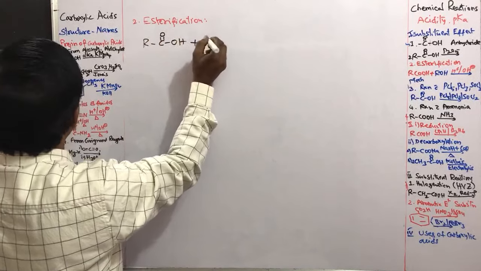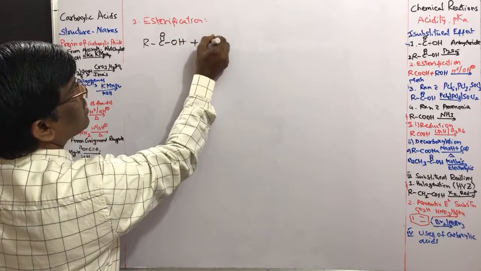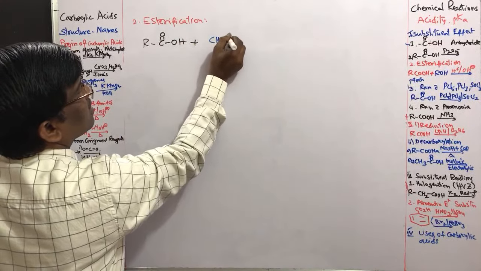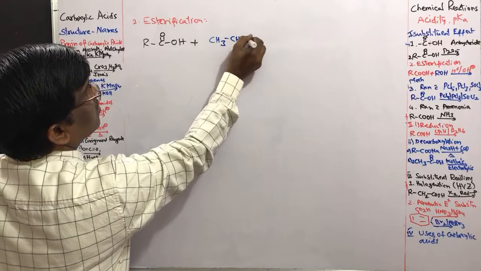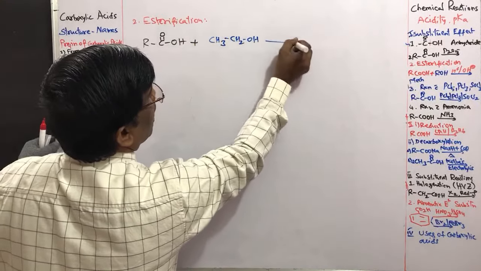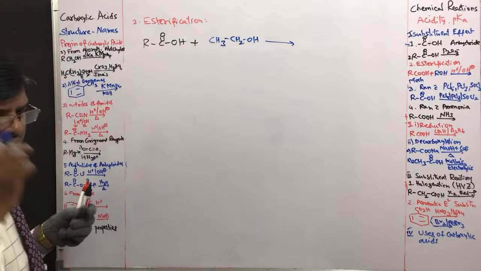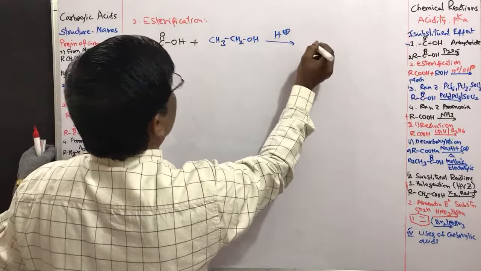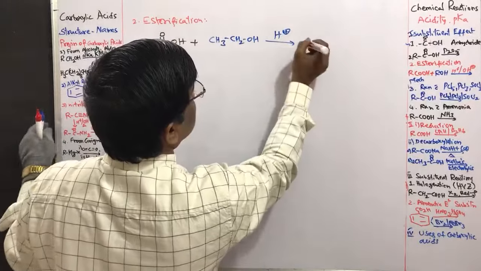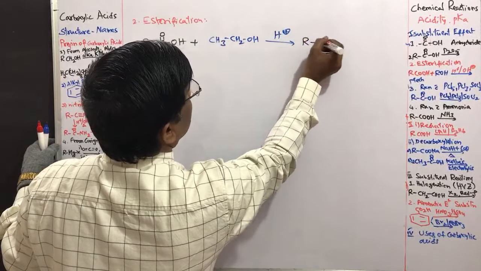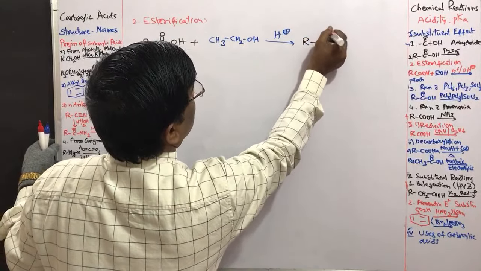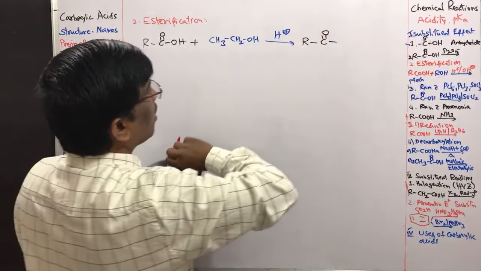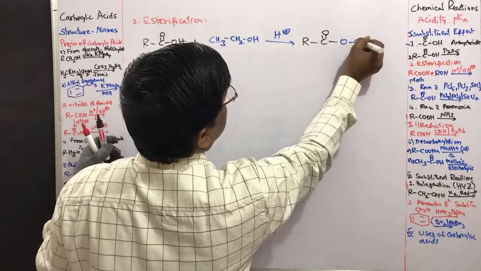Let me take ethanol, CH3CH2OH. And if I do the esterification in presence of acid, H plus ions, I am going to get R, O, and the alcohol part is going to be attached.